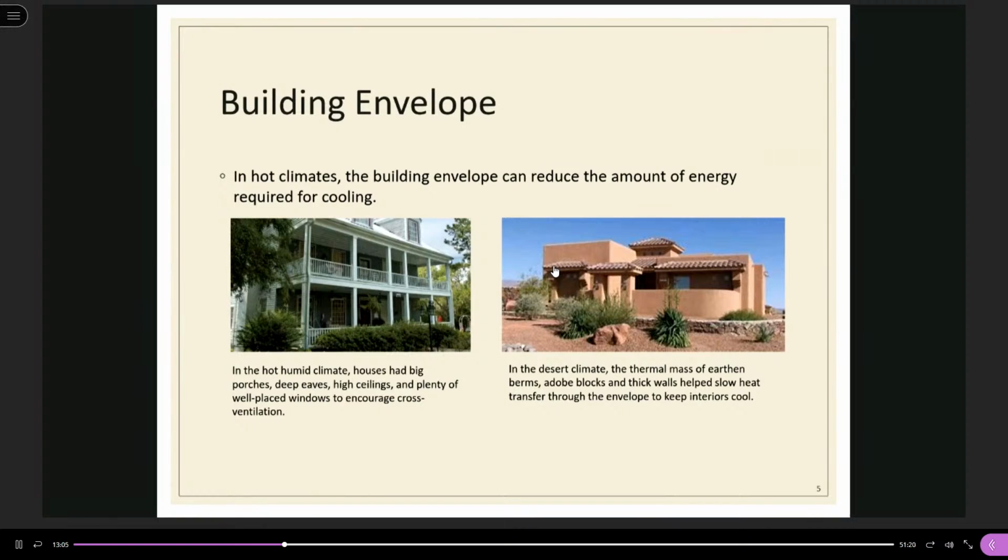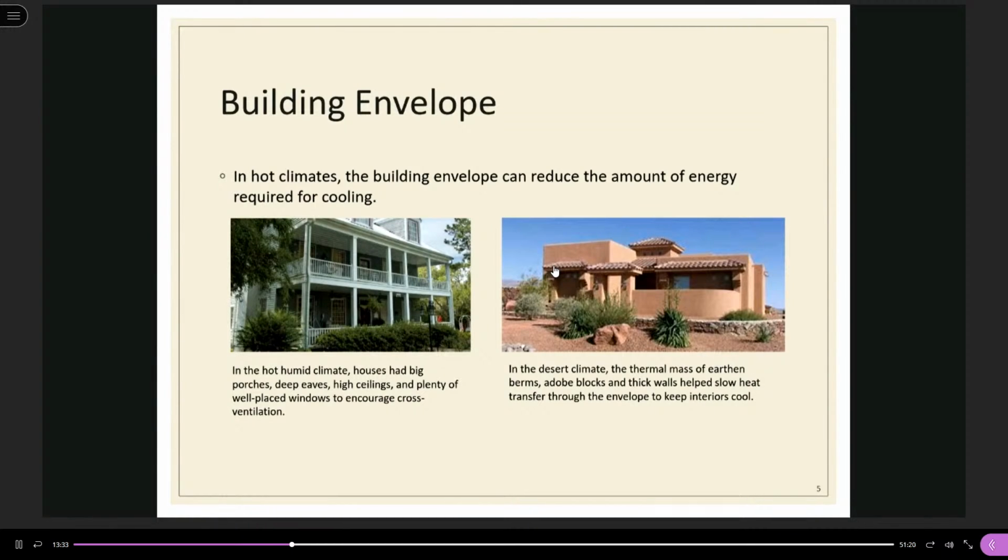If you're interested in architecture, you will find that buildings in different regions, different locations on Earth, will have different characteristics. Just like in a hot climate, the building envelope can reduce the amount of energy required for cooling, and their characteristics could be something like this.